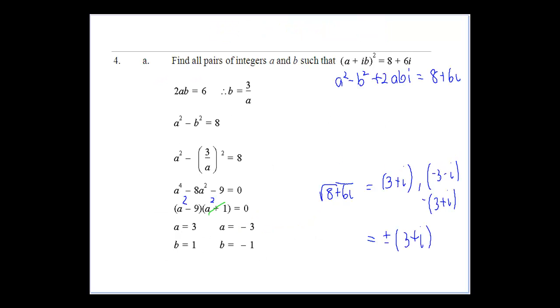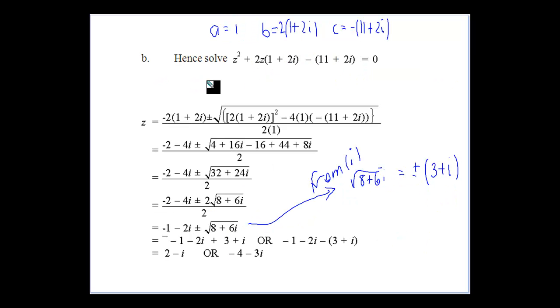From the first part there, we're going to use this part to solve here, because if we've got complex coefficients, put it into the quadratic formula, take a lot of care. Obviously that's not an easy expression, so you've got to be really careful with what you're doing there.